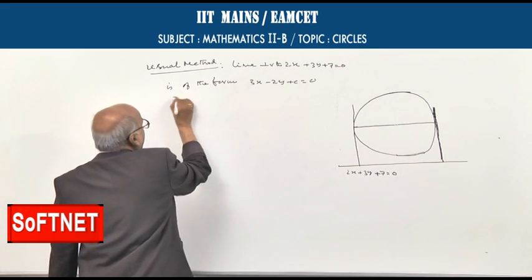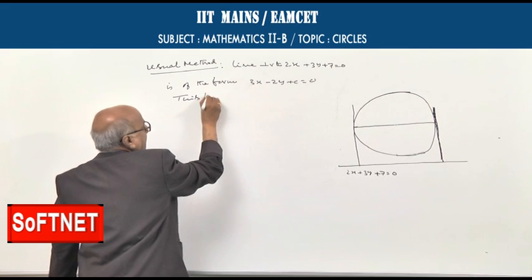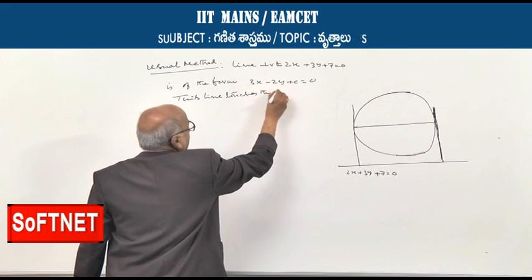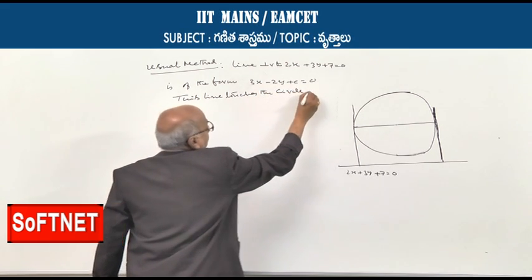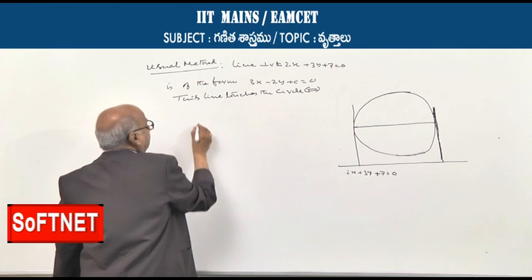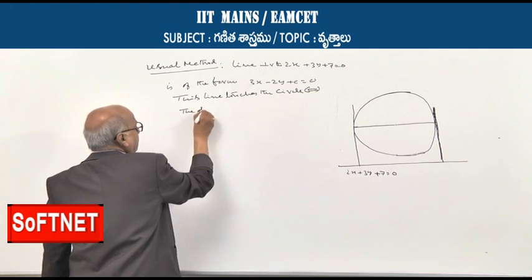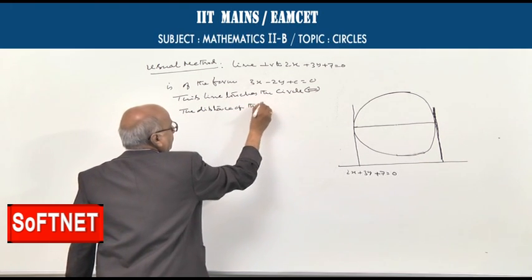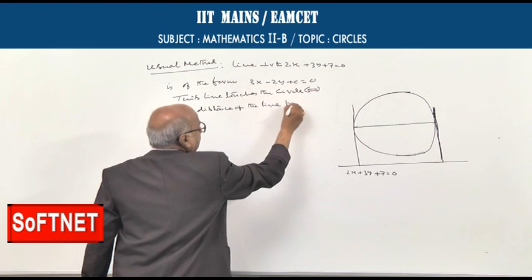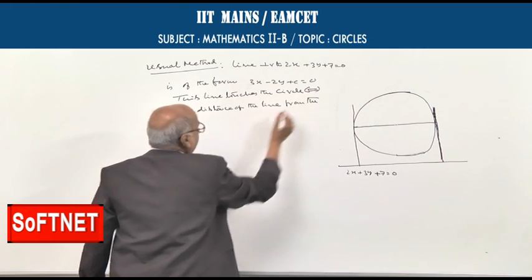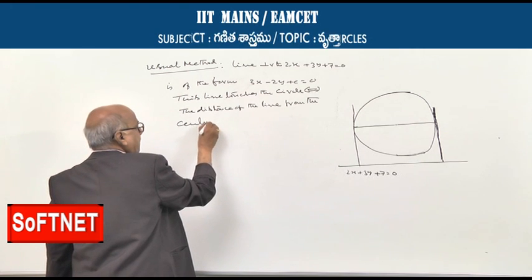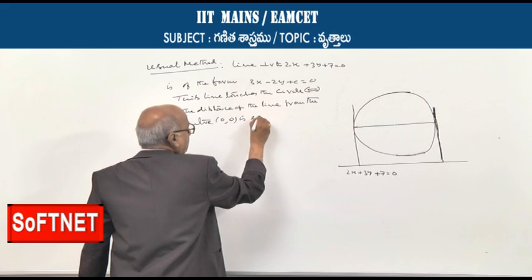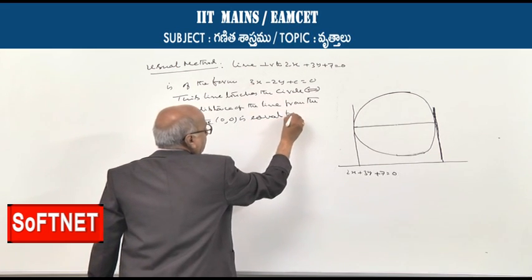Now this line touches the circle if and only if the distance of the line from the center (0, 0) is equal to the radius.